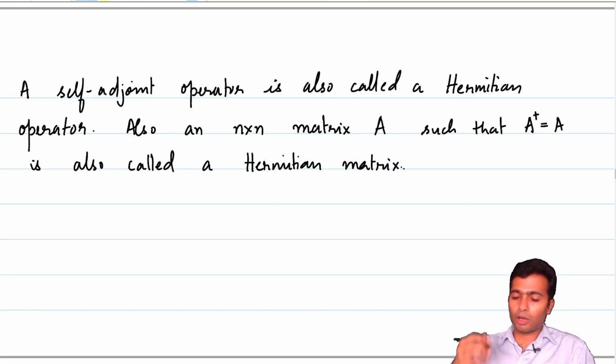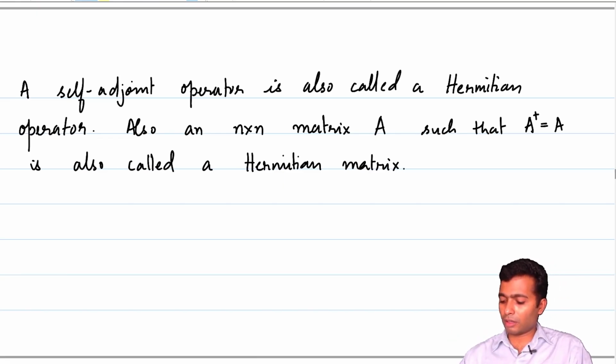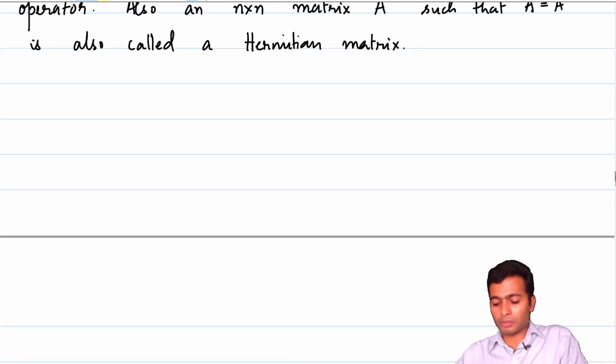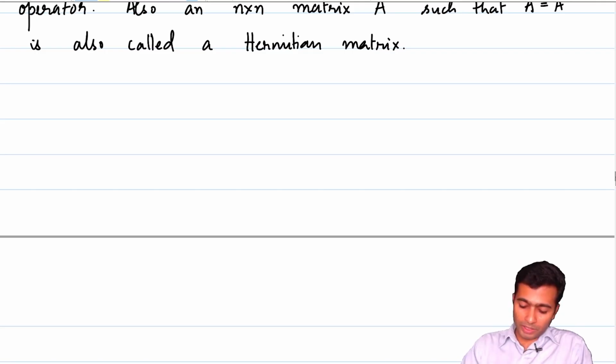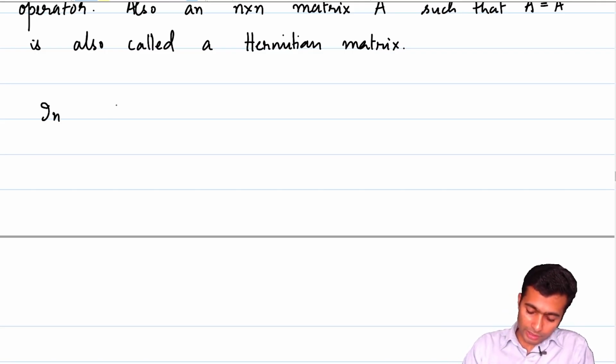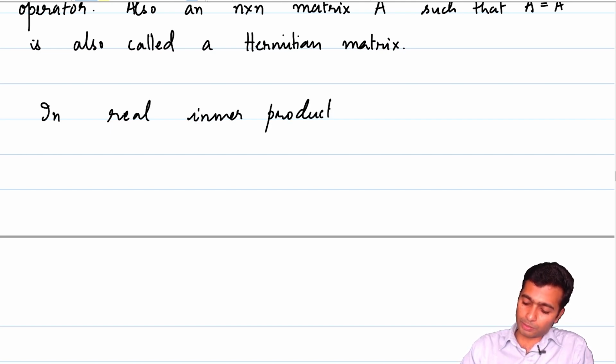If we are focusing our attention on some real inner product space, then Hermitian matrices are going to boil down to something which we are quite familiar with. So in real inner product spaces, what is going to be the conjugate transpose?